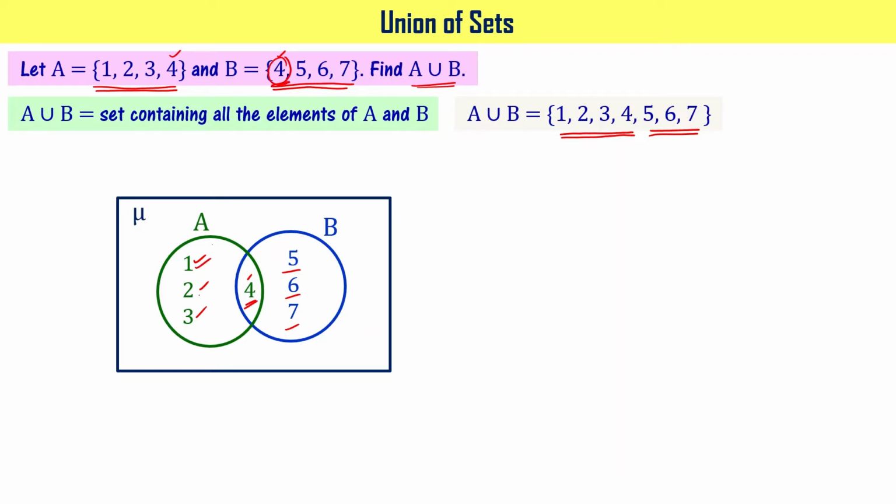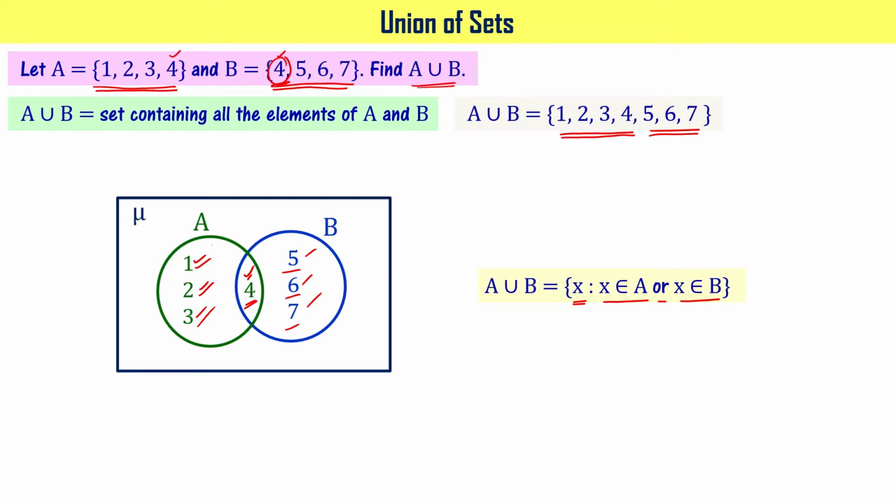That has elements 1, 2, 3, 4, 5, 6 and 7. A union B can be written in the set builder form as a set of elements X such that X belongs to A or X belongs to B. Please note this. X has to belong to A or belong to B. Right?